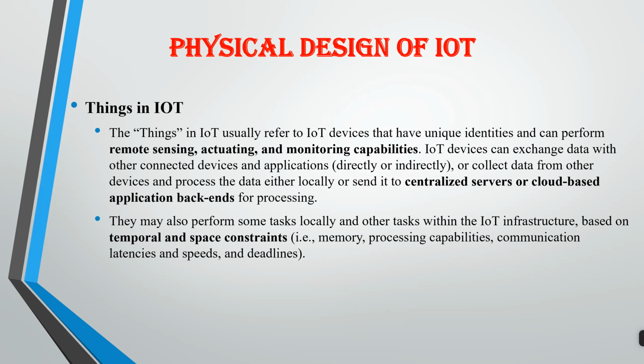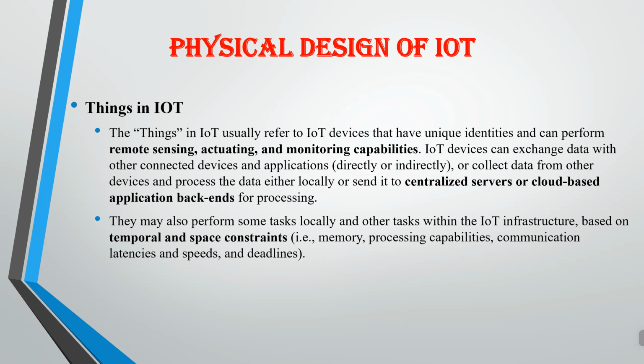Here also, data is getting shared from the IoT with the other parts of the unit. They may also perform some tasks locally and other tasks within the IoT infrastructure based on temporal and space constraints. Like memory constraints, processing capabilities, communication latencies, speed, and then deadlines.